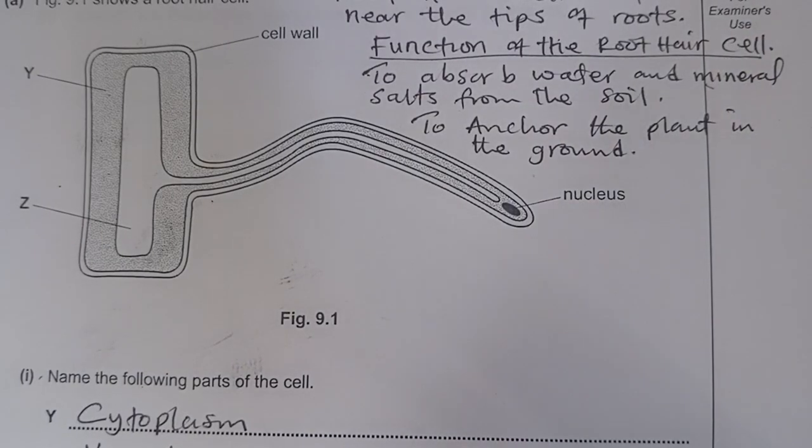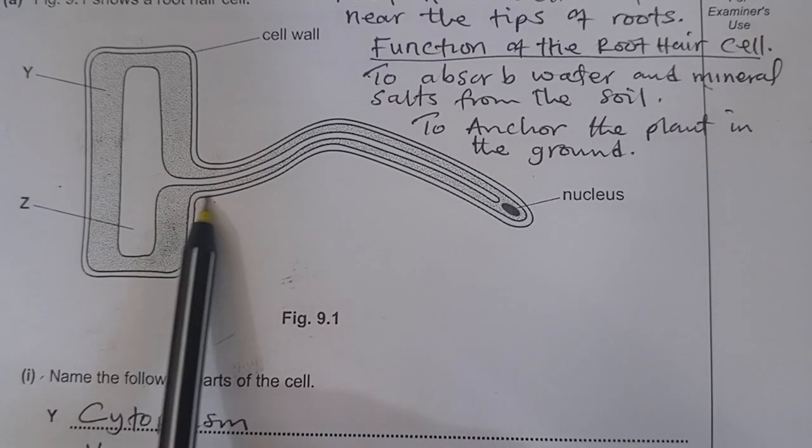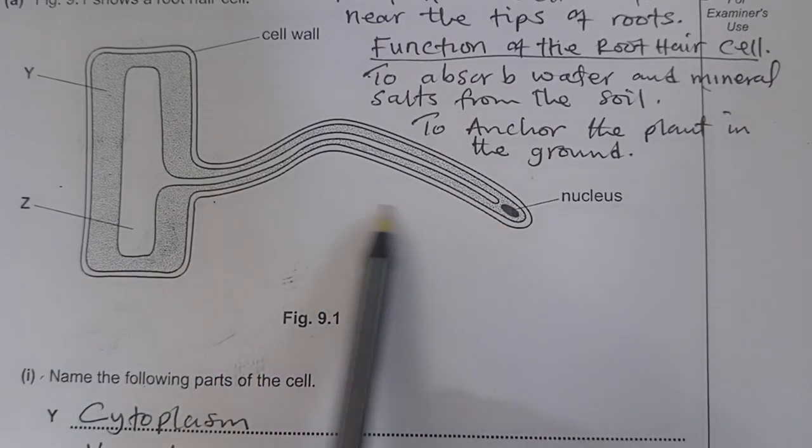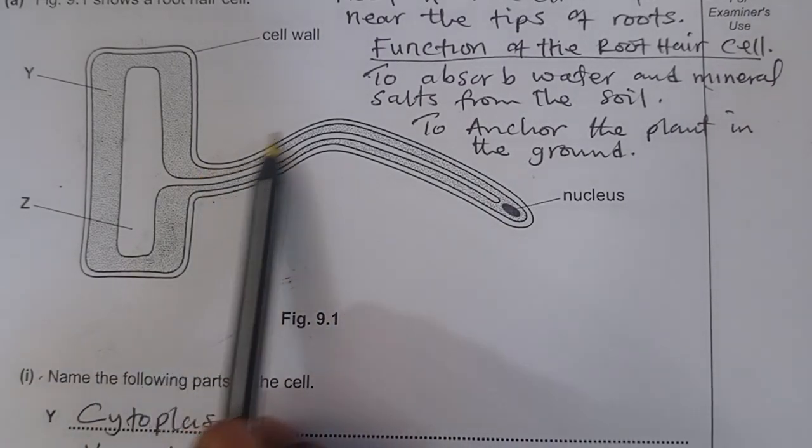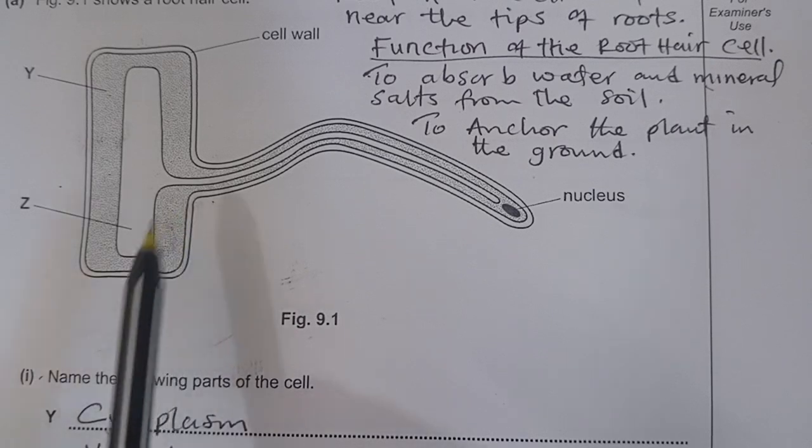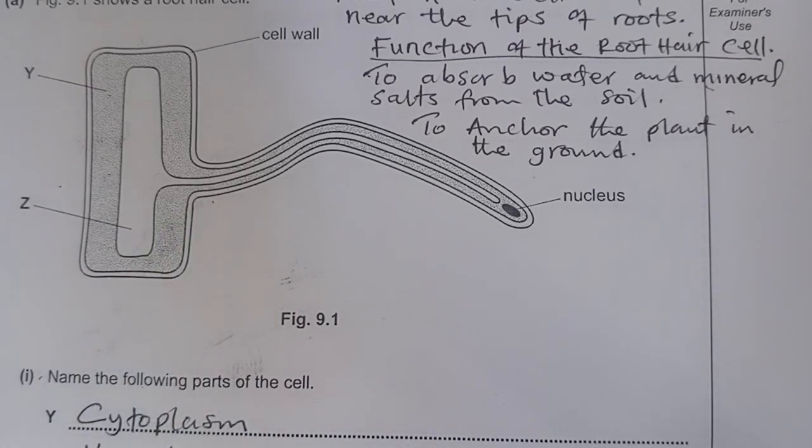The function is demanding a feature that is shown in the diagram, that is an adaptation to its function. For it to absorb water and mineral salts, it has this part, which is the outgrowth elongation. This outgrowth elongation is the feature that makes the root hair cell perform its function efficiently.